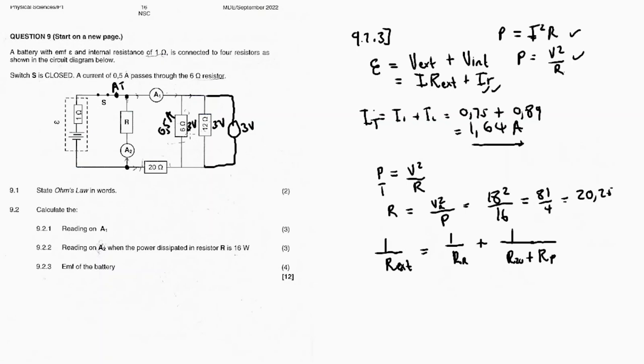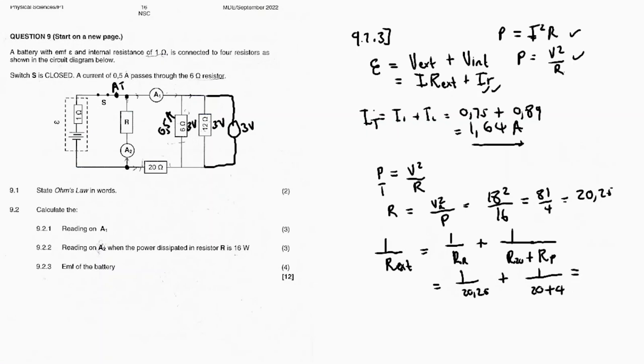The 20 is this one. Why do I add them? It's because the parallel and the 20 are in a series connection. Divided by 1 over 20.25 plus 1 over 20 plus 4.